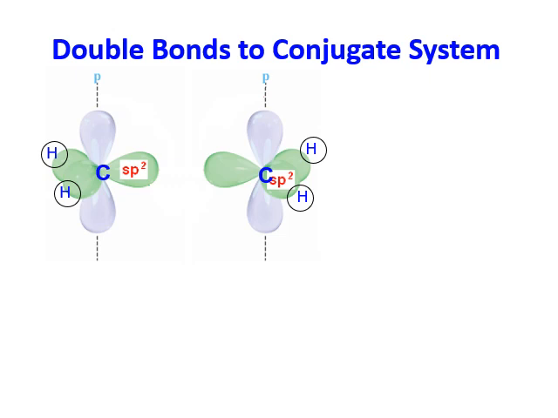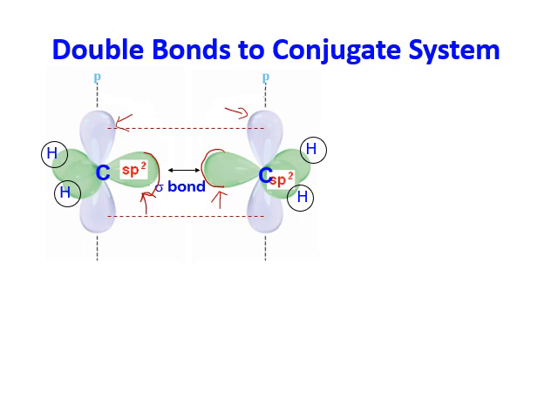When two carbons approach each other, each of them uses an sp2 hybridized orbital to form a bond. At the same time, the unhybridized p orbitals also form a bond. Note the difference. Between the sp2 hybridized orbitals, the interaction is head to head.